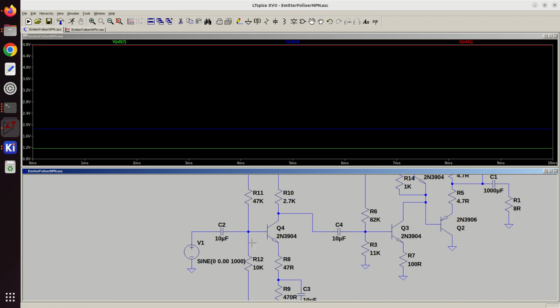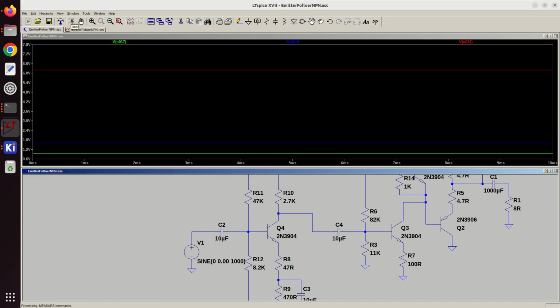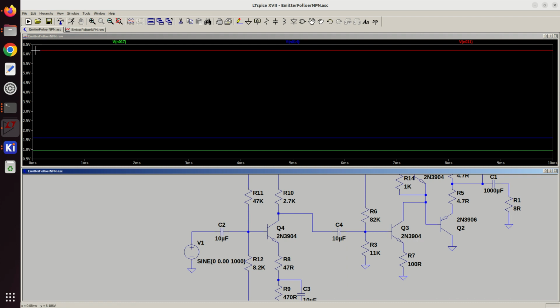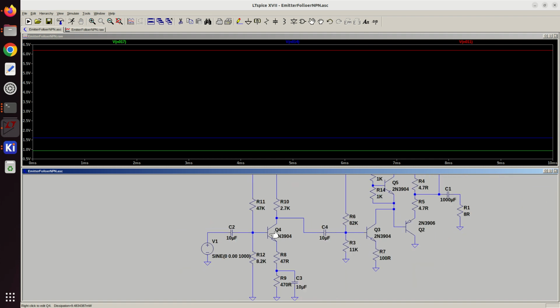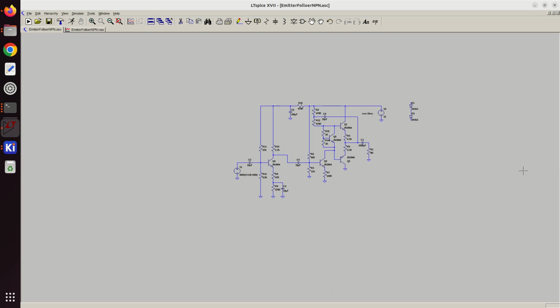So we're at 4.8, so let's do 8.2k. Okay, so we're at around the 6 volts, which is central. It doesn't really matter because in this case, you put in a very small voltage. You're never going to get a big swing here anyway. Because if you did, the whole thing is overloaded.